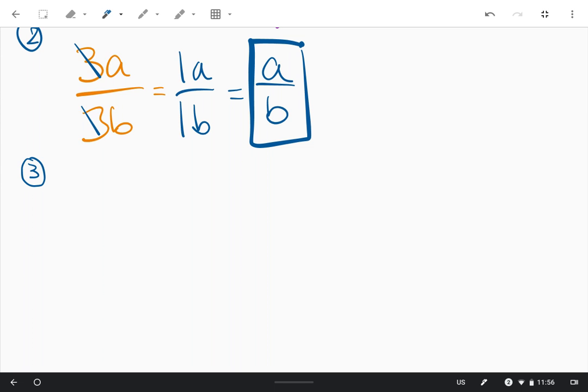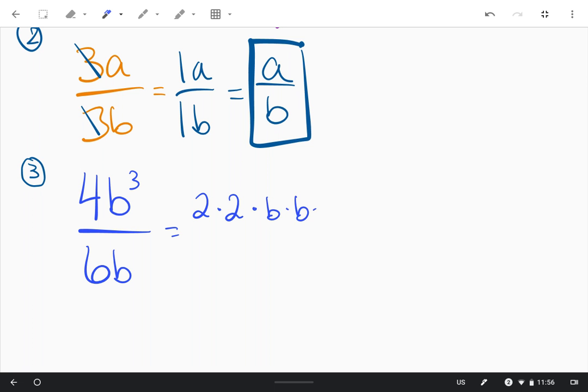For number 3, they take it up yet another level. Let's say I had the following: 4b to the third over 6b. So how does this work? Well, let's break this down. 4 can be 2 times 2, and b to the third can be b times b times b.